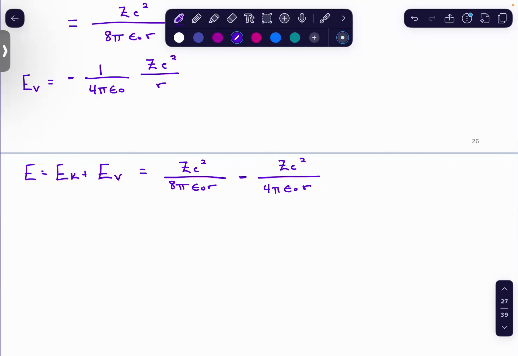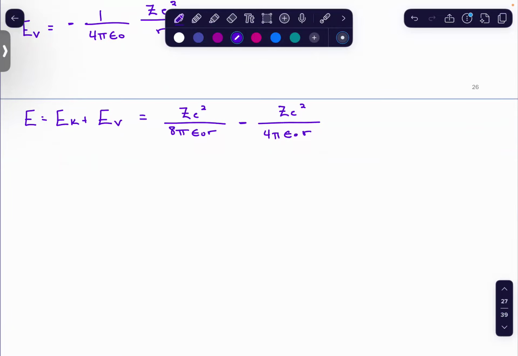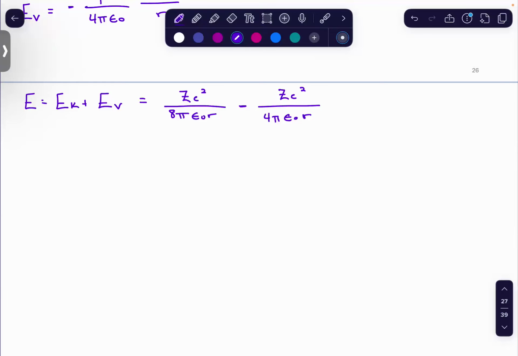Well, we can't exactly add these yet because we don't have the same denominator. So we're going to use a little trick. Remember, anything you do to one side of the equation, you have to do to the other side, except we're going to play around with the idea of multiplying by 1. So you can imagine multiplying that by 1, that by 1, and that by 1.